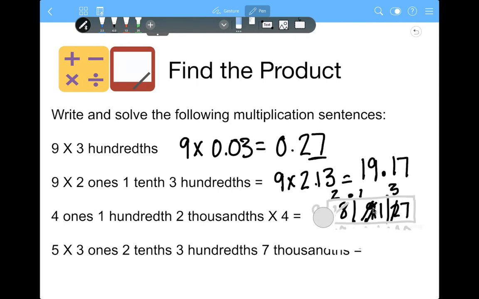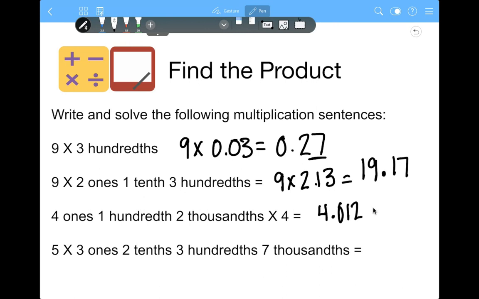Then the next one is going to be 4 ones, 1 hundredth and 2 thousandths times 4. So I'm going to go ahead and use my standard multiplication model for that one. 4 and 12 thousandths times 4.